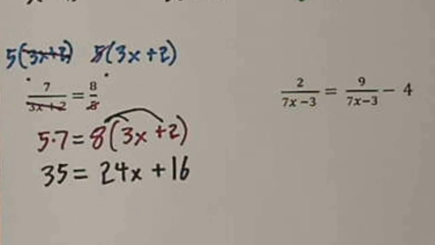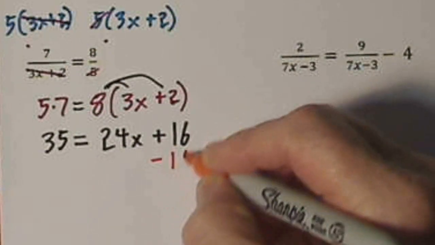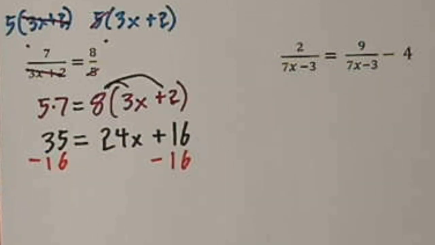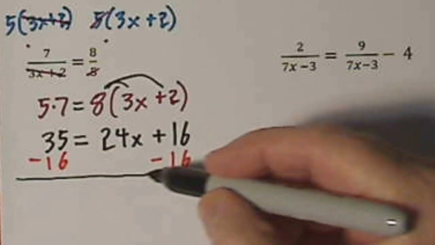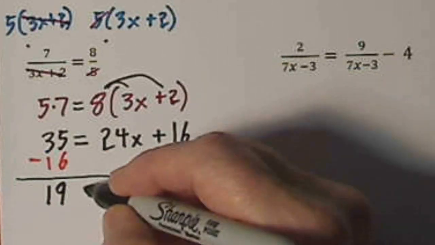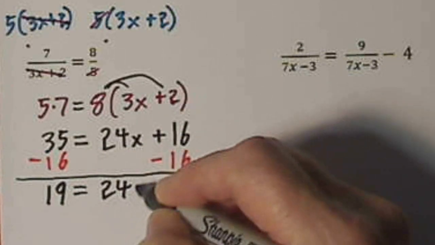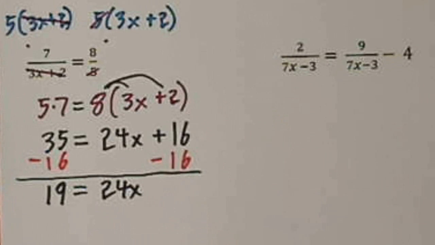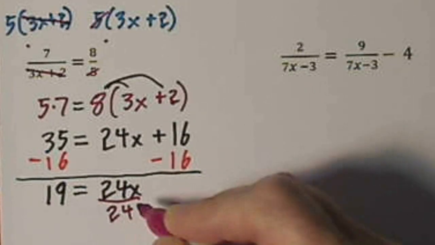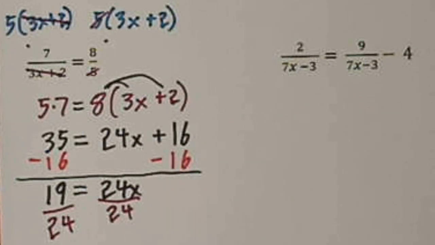And let's get rid of that 16. That leaves us with 19. That's a 0. You don't have to write it. And just one step away now. Divide by 24. Divide by 24.